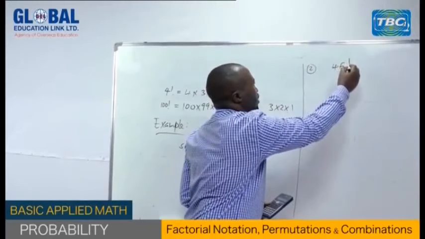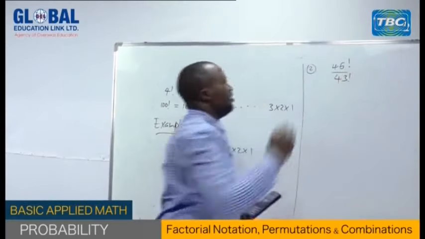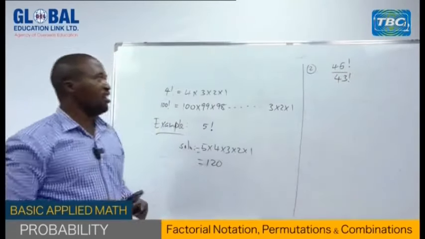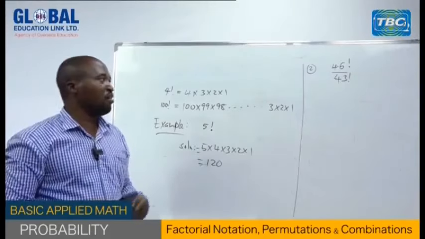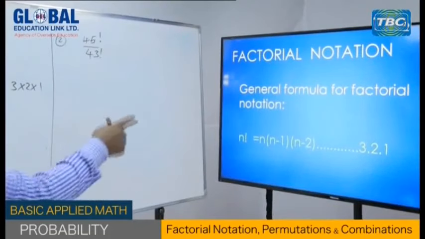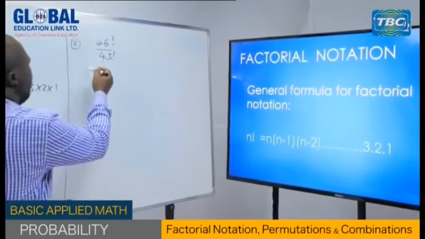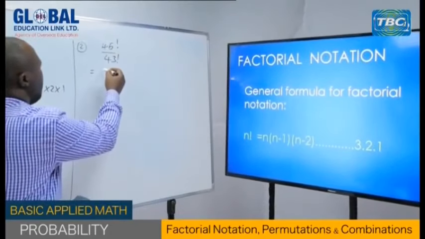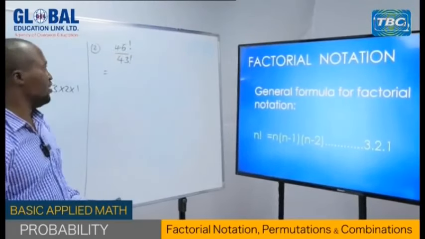45 factorial over 43 factorial. A little bit not the same compared to the first example, but again it is so simple. By using our general formula, we start with the numerator.